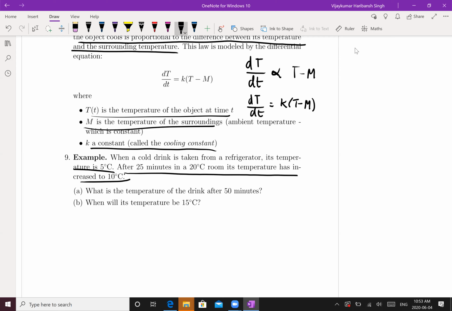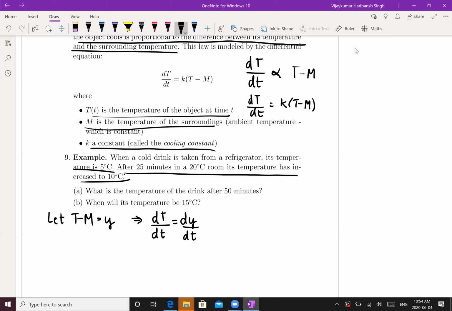So what do we have in this case? Let's try to reduce this problem first to something which we know. Let T minus M be y. M is your constant, so take derivative on both sides. What do you get? You get dT by dt equals dy by dt. And then this differential equation transforms.